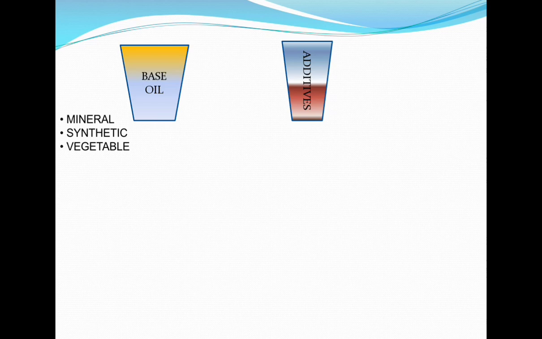Lubricants are basically used in machineries. It may be of anti-wear type, it may be extra pressure type, it may be engine oil type. So different types of lubricants we are using in different machineries, for which different types of additives are added.